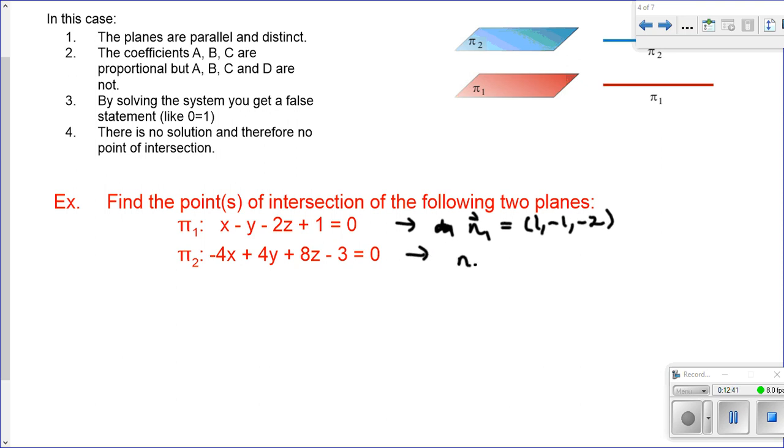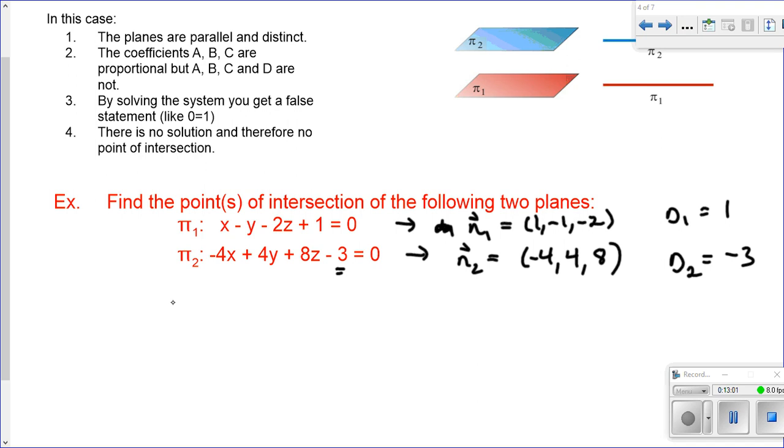And the normal for plane 2 will be (-4, 4, 8). I also want to state my D values. D1 for plane 1 is 1, and D2 is -3 here.